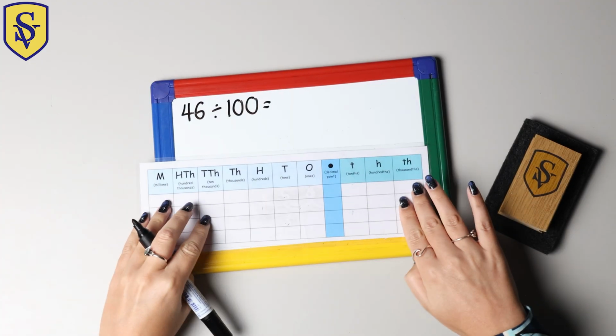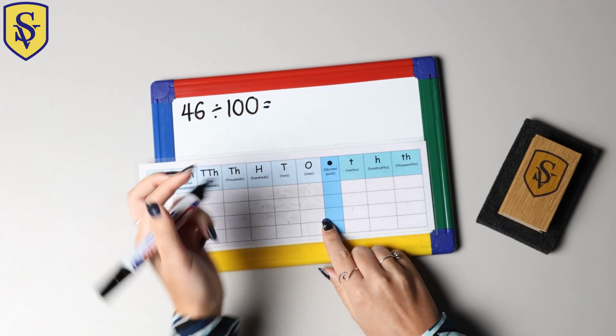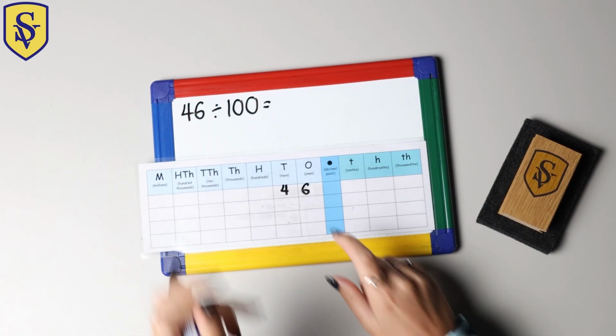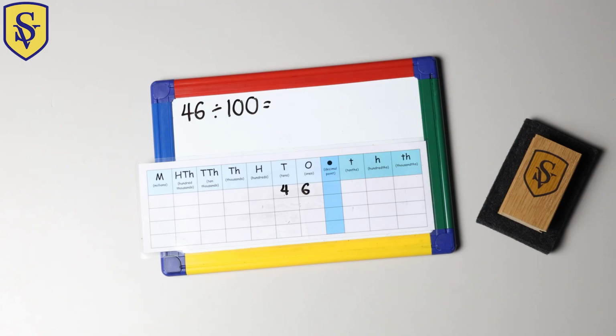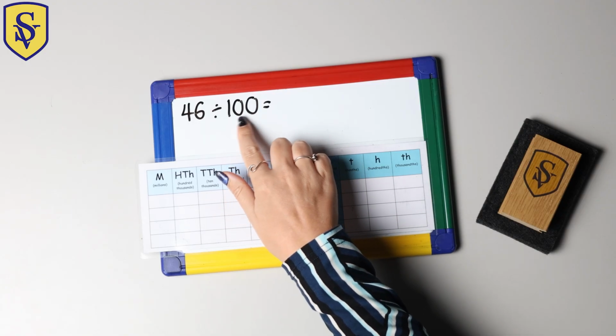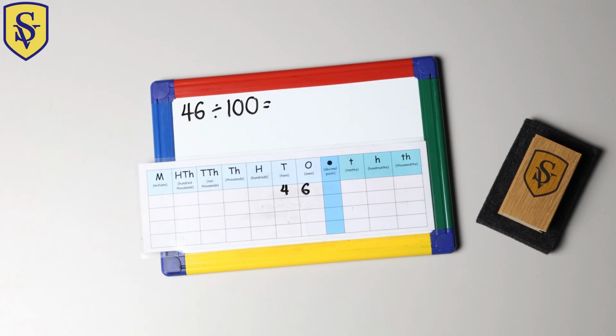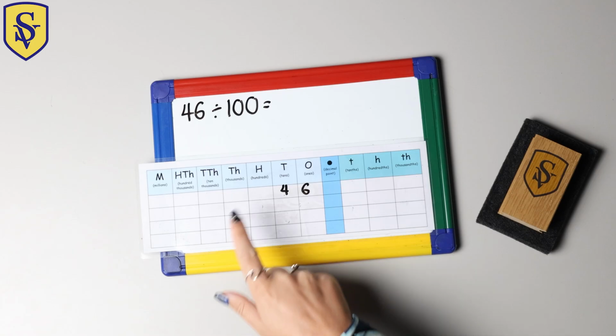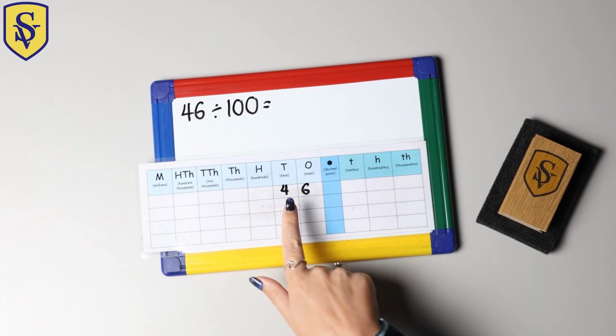Just the same as before, I'm going to put the 4 and the 6 in the correct columns. And then we're going to check how many zeros there are in 100. So we've got 2 zeros, so it's 2 jumps. And as we're dividing, we're going to be moving to the right.